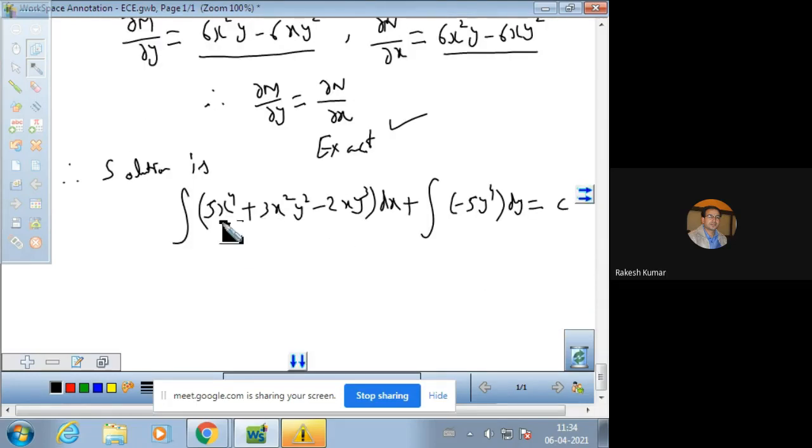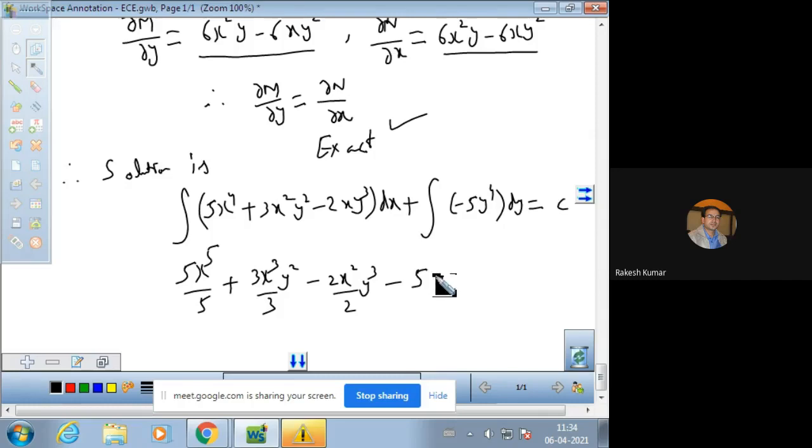Now integrate with respect to x, so 5x5 over 5 plus 3x cube over 3 into y square minus 2x square over 2 into y cube, minus 5y5 over 5 is equal to c.